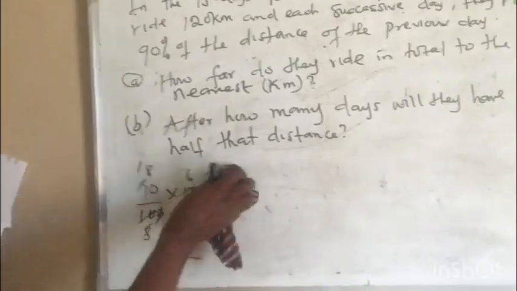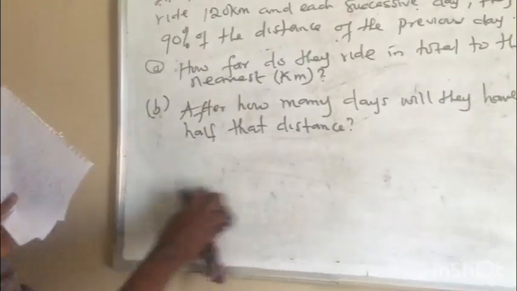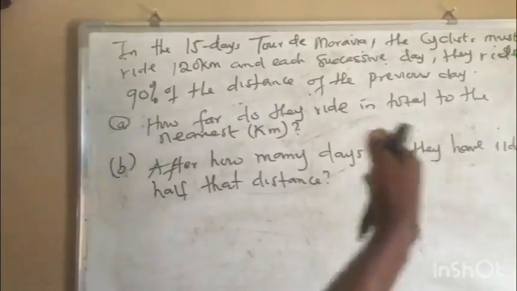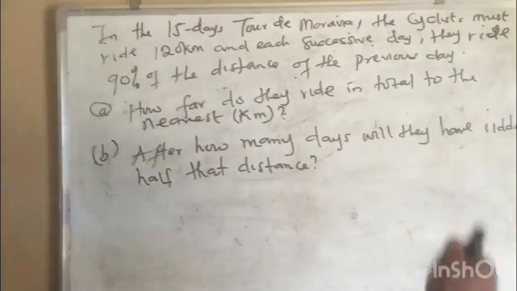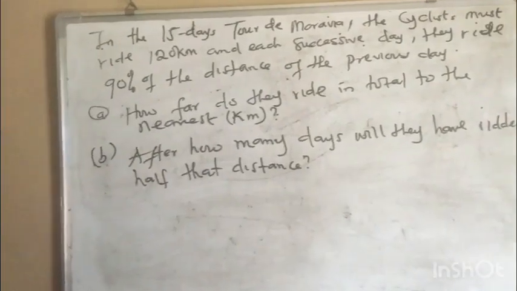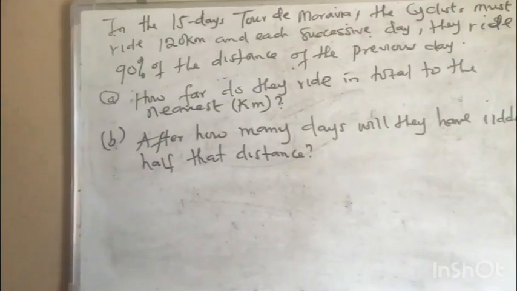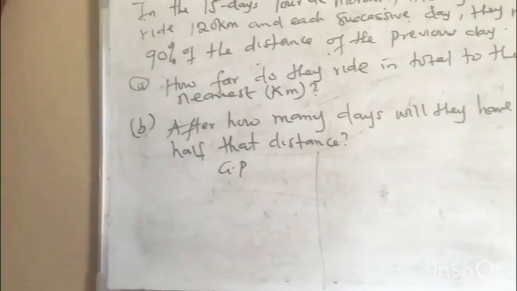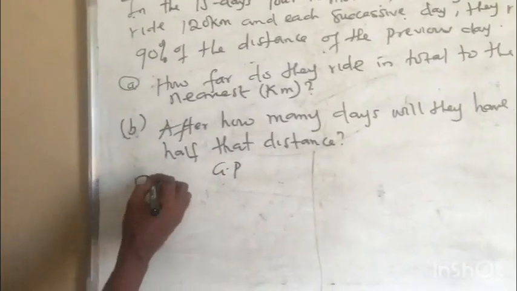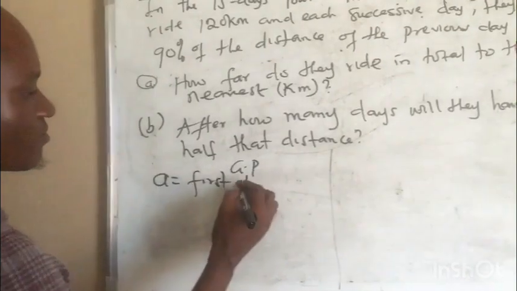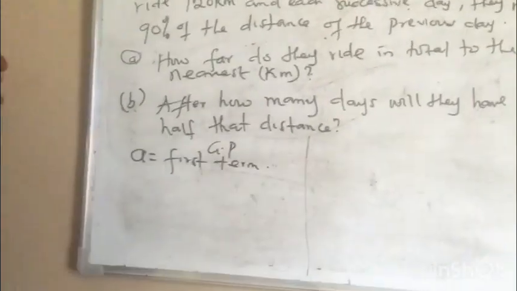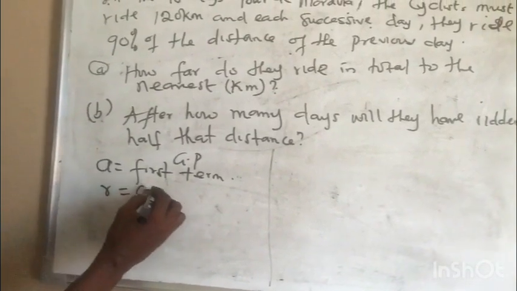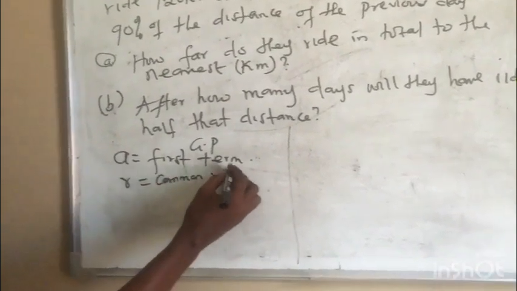If you begin to do it like this, you will be spending more time. That is why each term is decreasing by 90%, 90%, 90%. Now in GP, the same thing that we have in our AP, we still have our A, which is the first term. But in GP, instead of a common difference, we have what we call a common ratio.